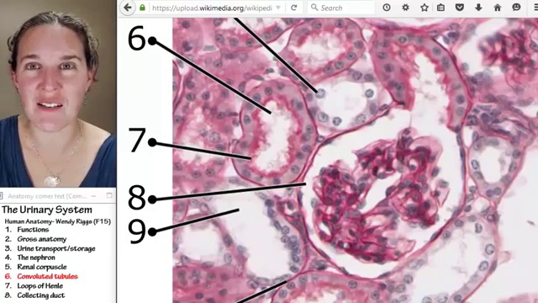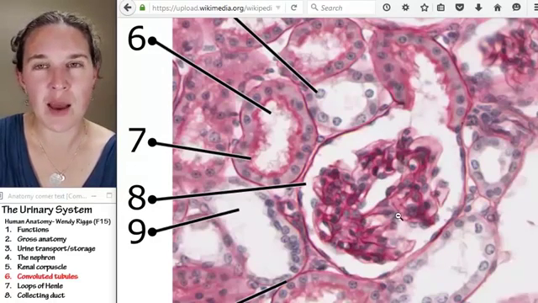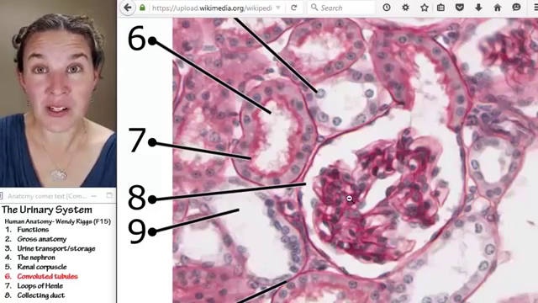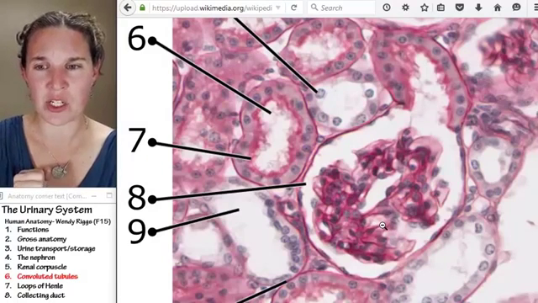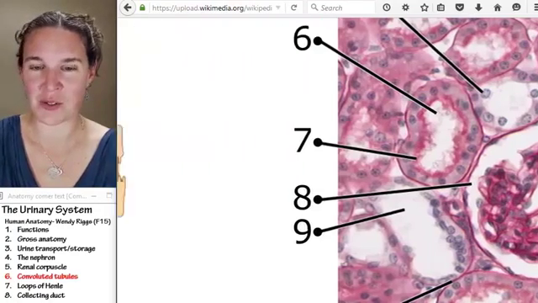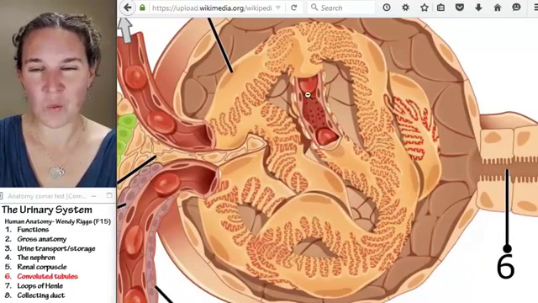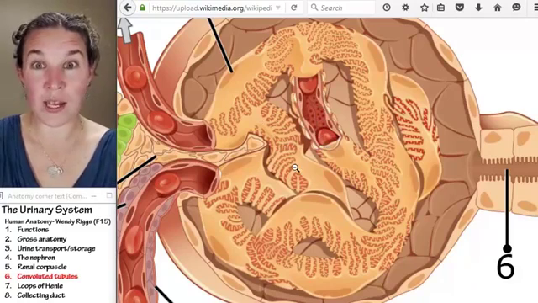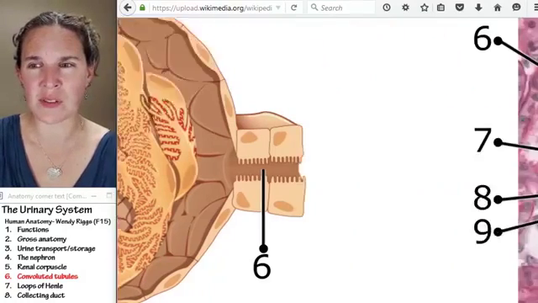What do you see? First off, what is this knot of capillaries? This is my glomerulus. Now, you tell me. It doesn't look like that last picture that we just showed you. In fact, the last picture that I just showed you is right here. Can you see what is capillary and what is podocyte or visceral layer of Bowman's capsule?